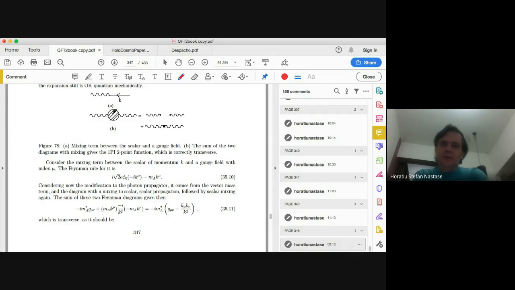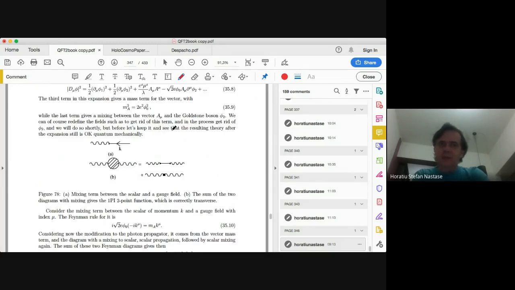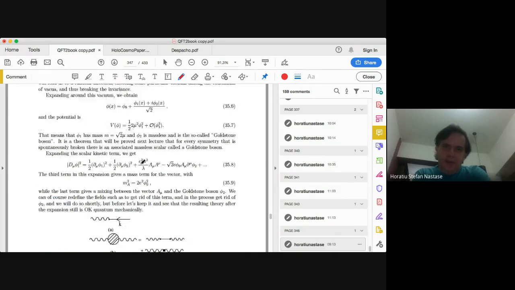So this is the full quantum propagator, and it contains, for the 1pi part, the original one in the Lagrangian, which in the Lagrangian is just the mass term.